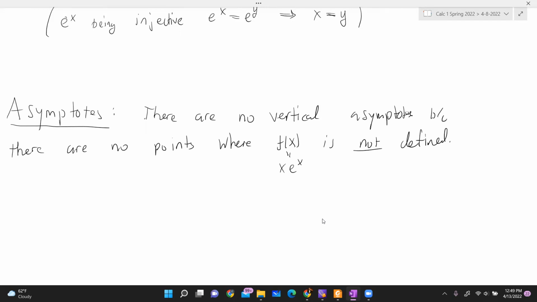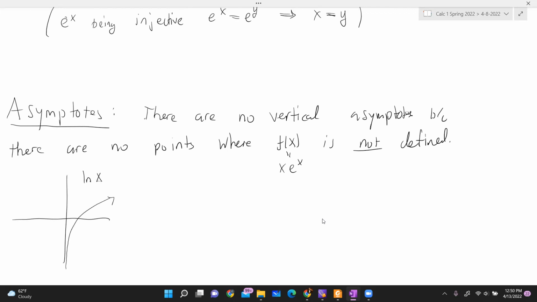So for example, if you have a function that's defined as some sort of fraction, the roots of the denominator will give you rise to vertical asymptotes, but we don't have denominators or anything like that. There are just no such points. And for example, we don't have the natural log of x, which is not defined at the origin. If you look at natural log of x, it looks like this.